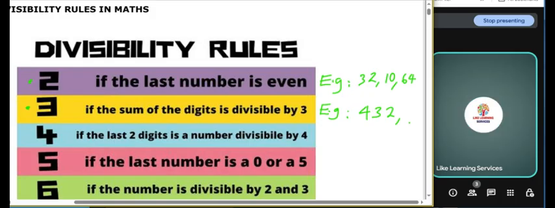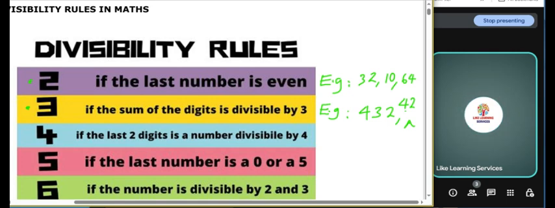I need another example quickly. I'm waiting. 42. You need to be responding faster. All right, 42, because 4 plus 2 gives you 6, and 6 is divisible by 3.